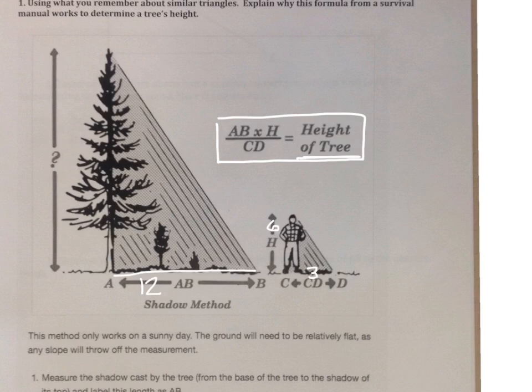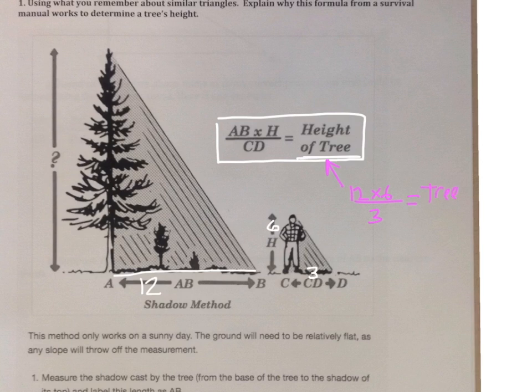We can use these ingredients in that formula to figure out the height of the tree. So AB is 12, H is 6 feet, and CD is 3.